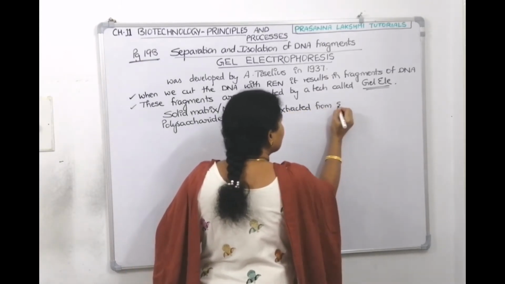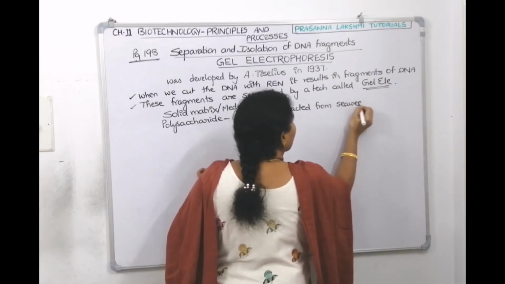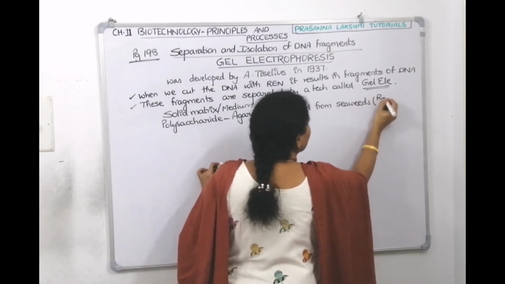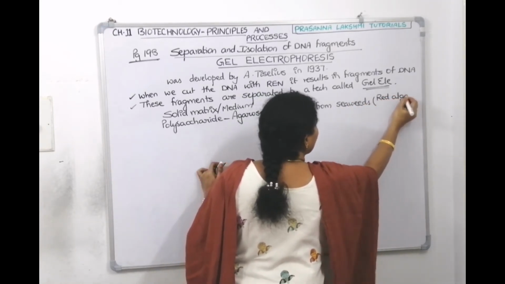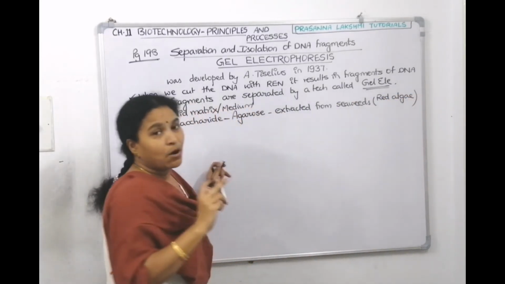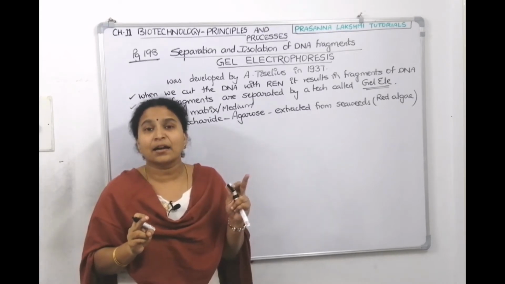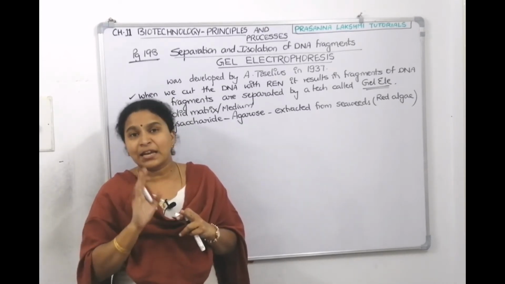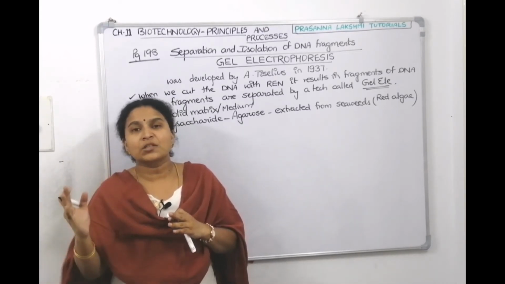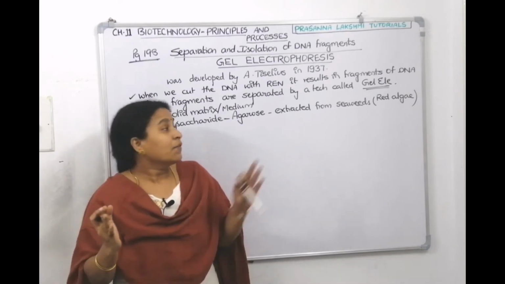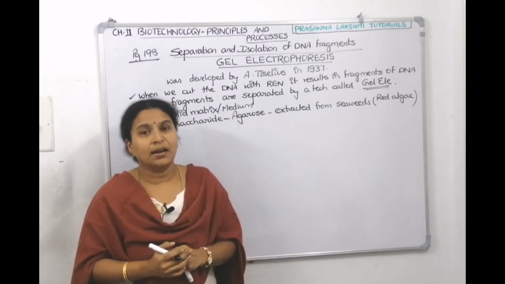Red algal cell wall outside is made up of polysulfate esters like agar and agarose. The inner layer is made up of cellulose, but the outer layer of red algae is made up of agar. From there we will extract agarose gel, right?